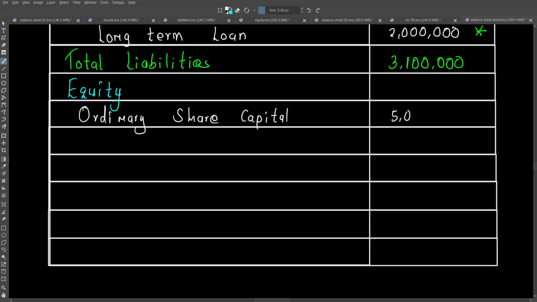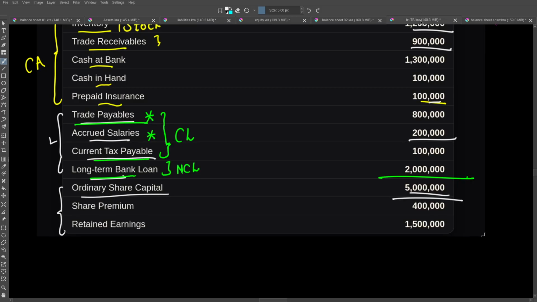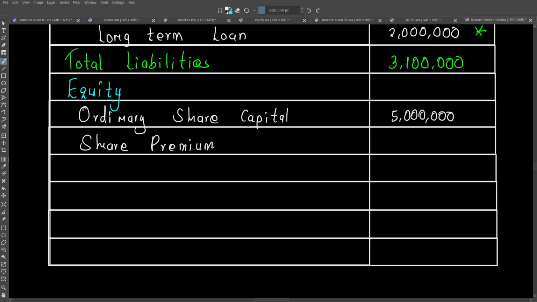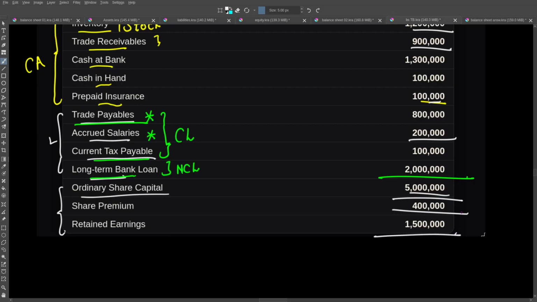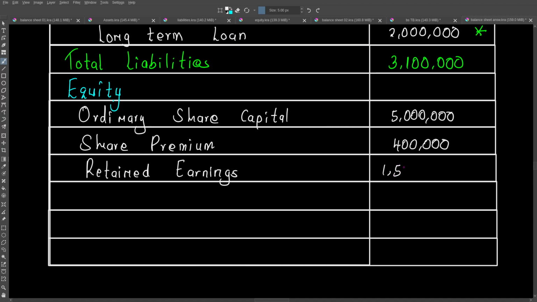Then we have share premium, which has a balance of 400,000. Then we have retained earnings, another component of equity, which has a balance of 1.5 million.